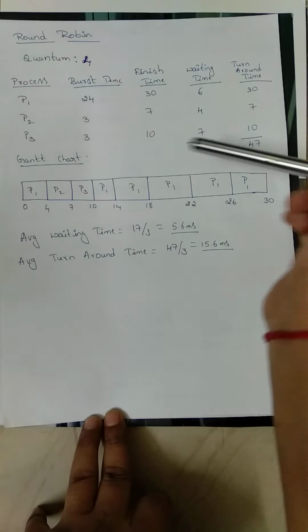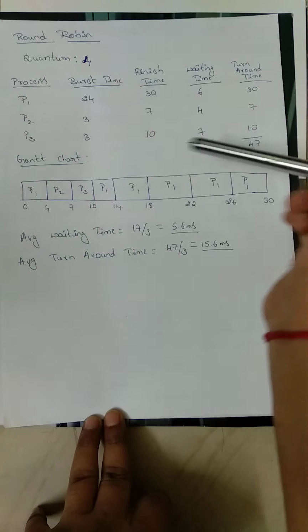We can cross check: dividing 24 by 4, 4 sixes are 24, so P1 takes 6 slots to complete its execution. 1, 2, 3, 4, 5, 6.